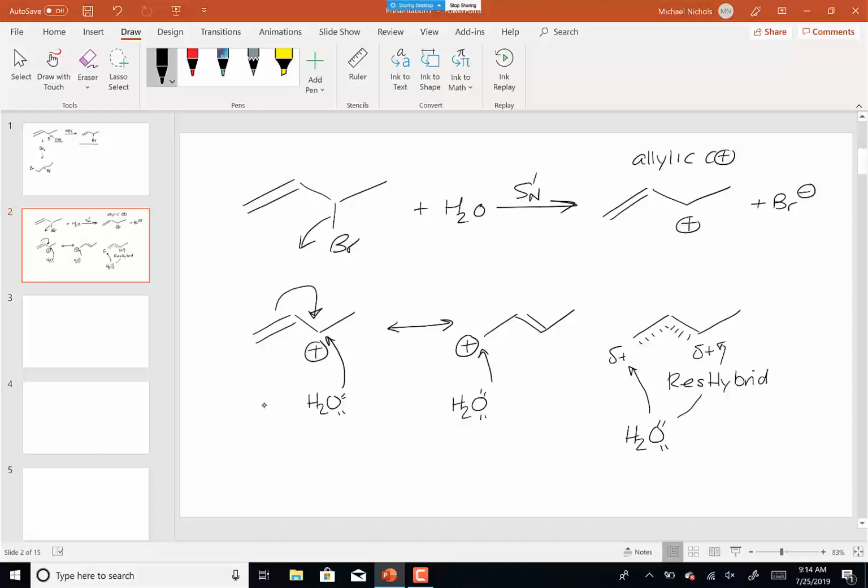If I do that, remember I'm still not allowed to just add an OH. I need to add the entire water molecule so that I form the oxonium ion for each one.